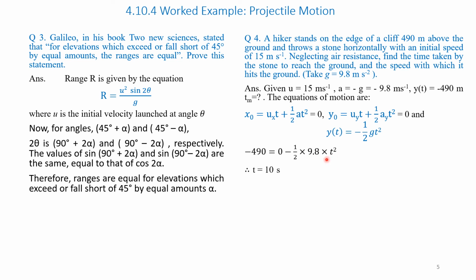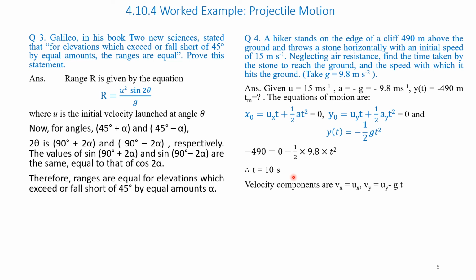Therefore, t square is 2 into 490, which is 980, divided by 9.8, that is equal to 100. Square root of 100 is 10 seconds. So the time taken by the stone to reach the ground is 10 seconds.